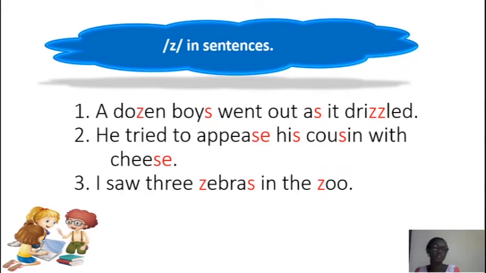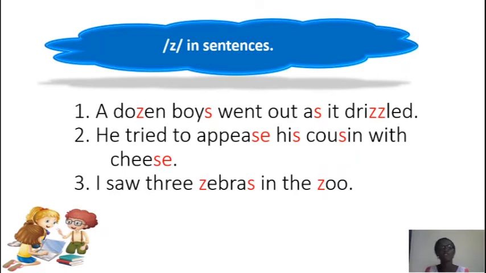Now let's look at number 2. He tried to appease his cousin with cheese. Appease, S-E; his, S; cousin, S again; cheese, S-E.